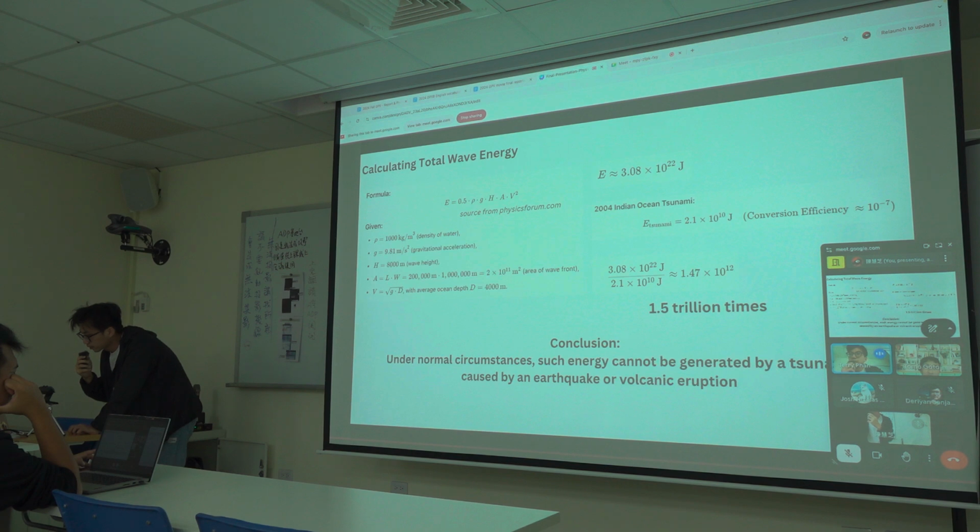What do you mean width? The L is the length, and it's around 1 million meters. I don't need the number. Please explain L and W. Definition of L and W. The W is the wavefront, the width of the wave, and the L is the length.